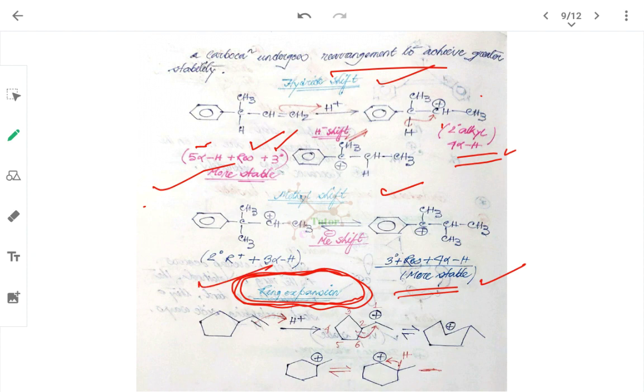In the case of ring expansion, the ring expands, and this is 1, 2, 3, 4, 5, 6. The ring expands from this product, and this is the ultimate carbocation formed.